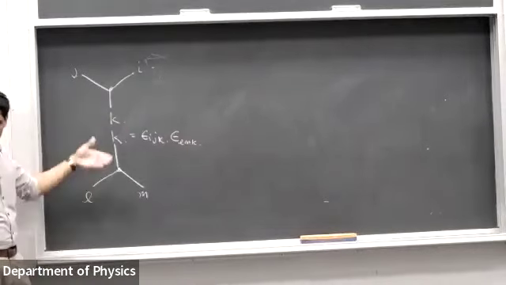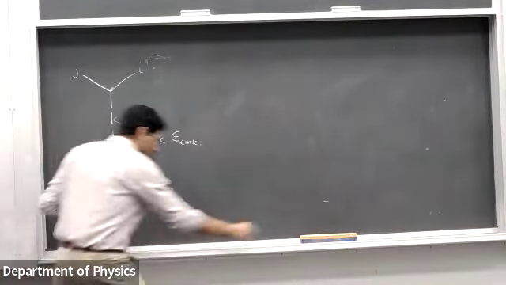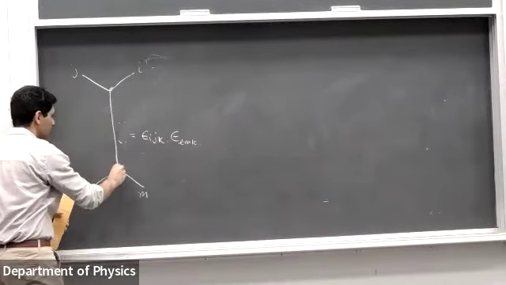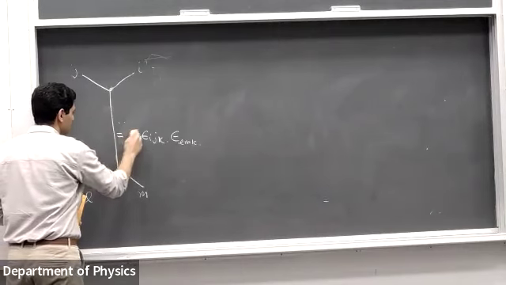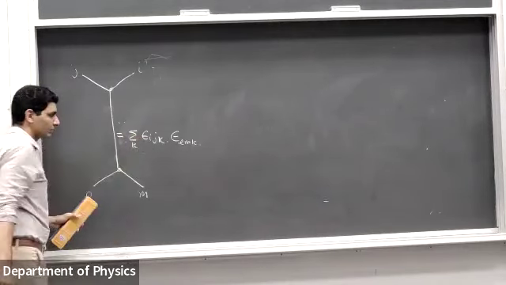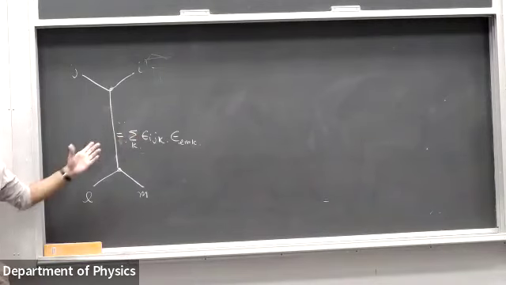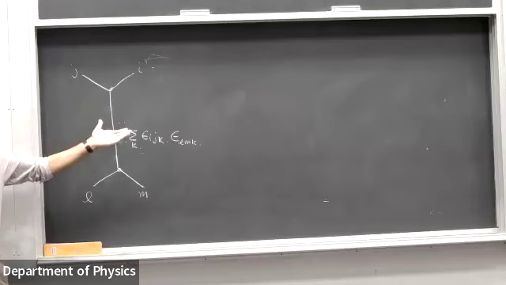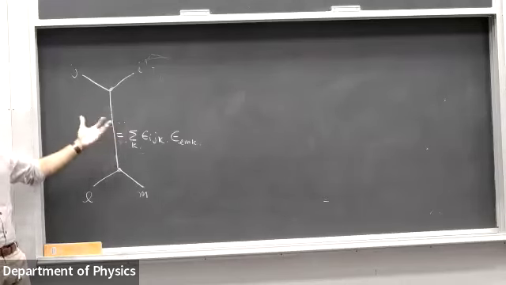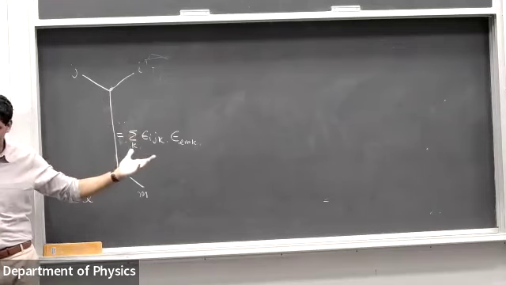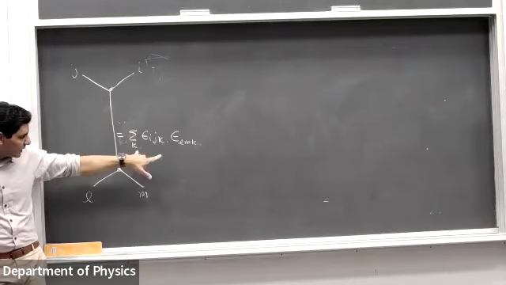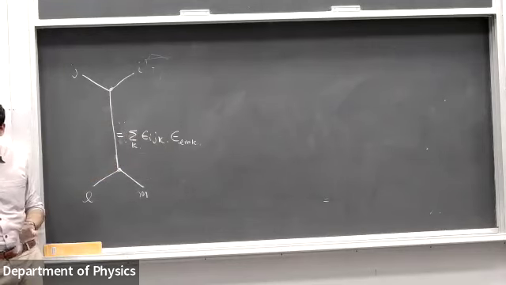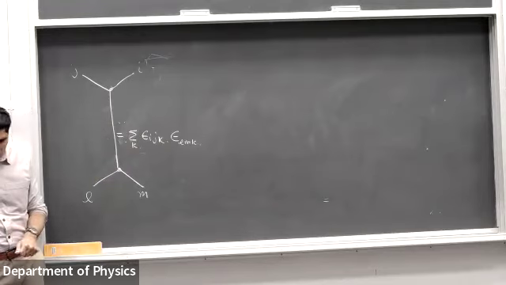And since the k's line up, they should be summed over. Now this object shows up quite a bit. Where it shows up, you'll see. But for now, we want to look at this object a bit more closely. First thing is, how many indices does this have? Four indices, okay, that's fine.